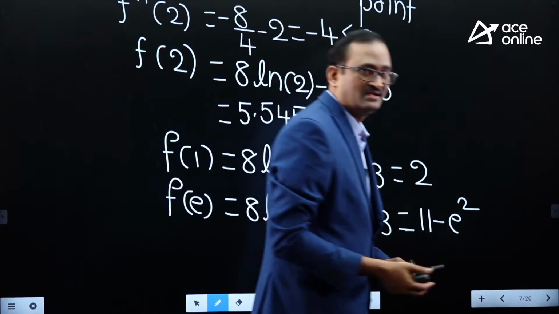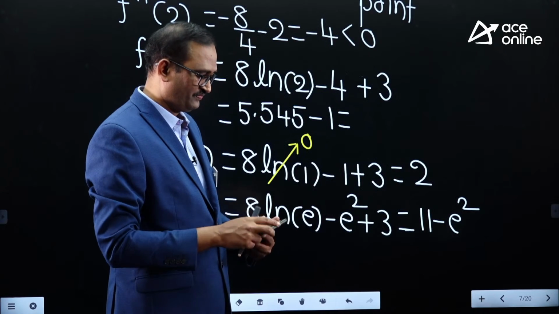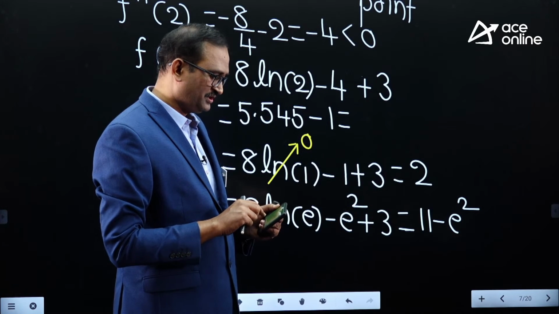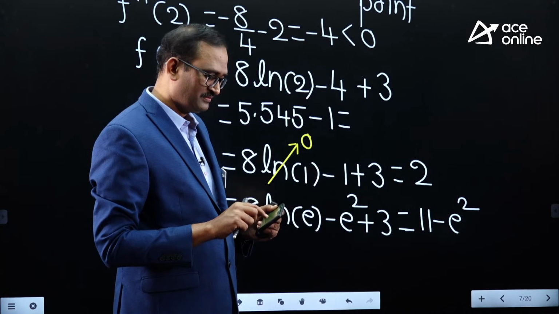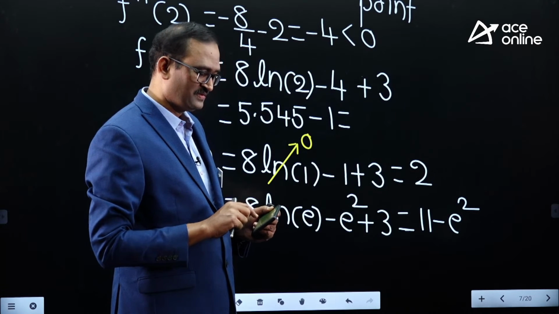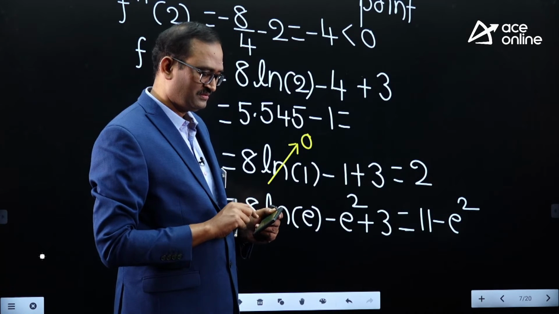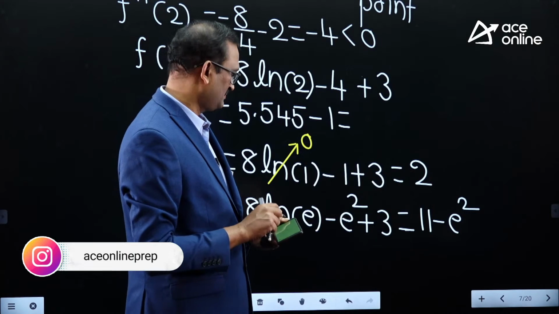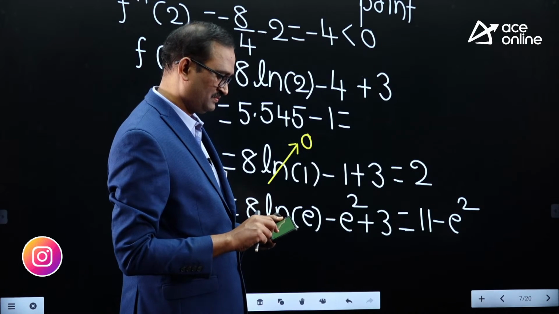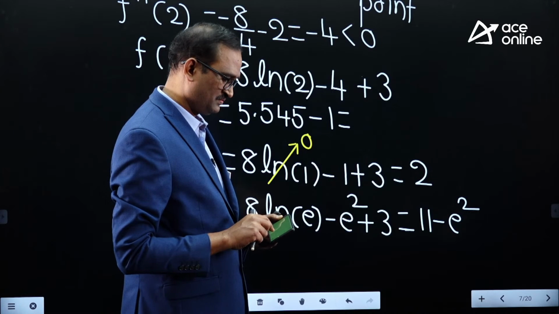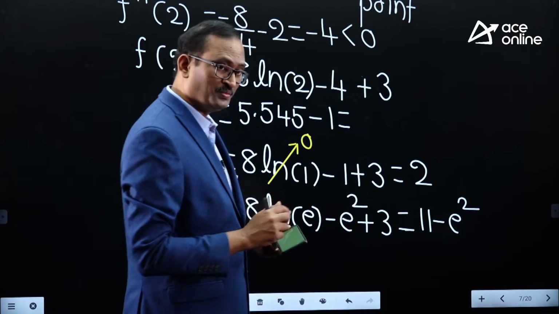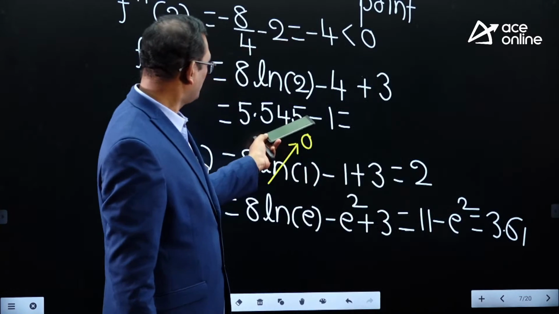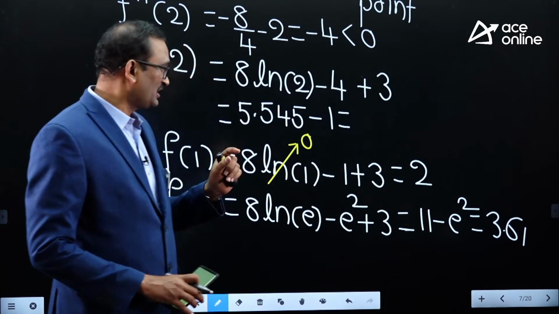Could you please tell me what is its value? e square is roughly 7.39, so this is about 3.61. This is 2, this is 4 point something, therefore the smallest value is 2.